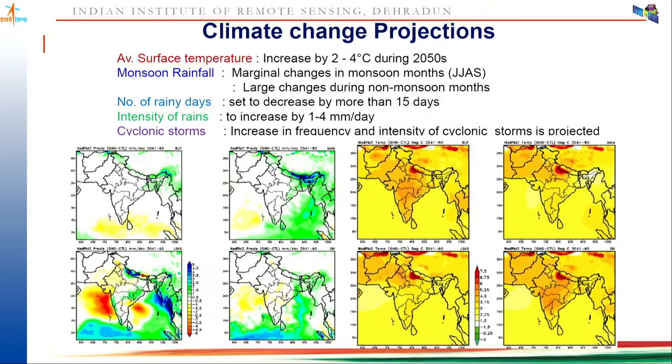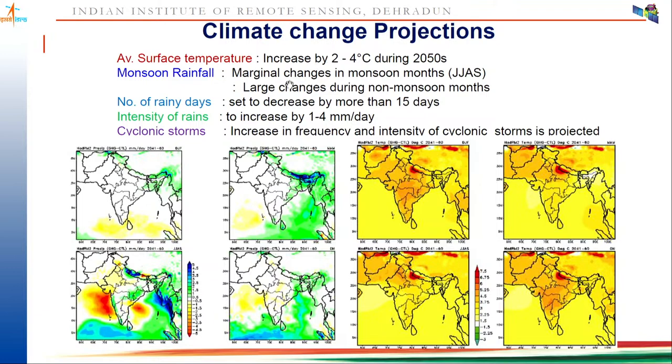Here you can see the different climate projections with respect to the HadCM3 climate change scenario. Average surface temperature is projected to increase by 2 to 4 degrees centigrade over India during 2000. But with respect to rainfall, there will be marginal changes in monsoon months and large changes will be witnessed particularly during non-monsoon months.